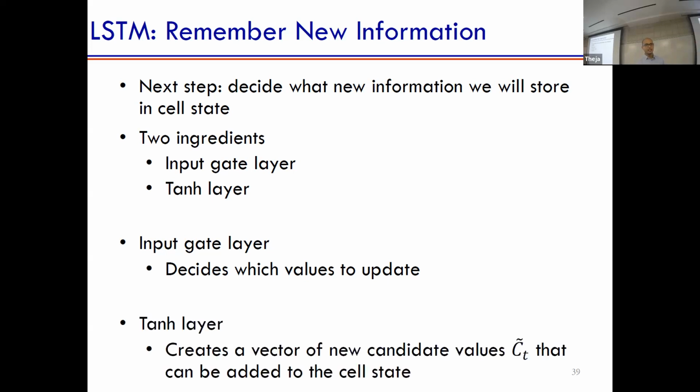So tanh creates a candidate value, candidate new information, and then the input gate controls which of this new information you created is actually useful, and then we element-wise add it to the cell state.